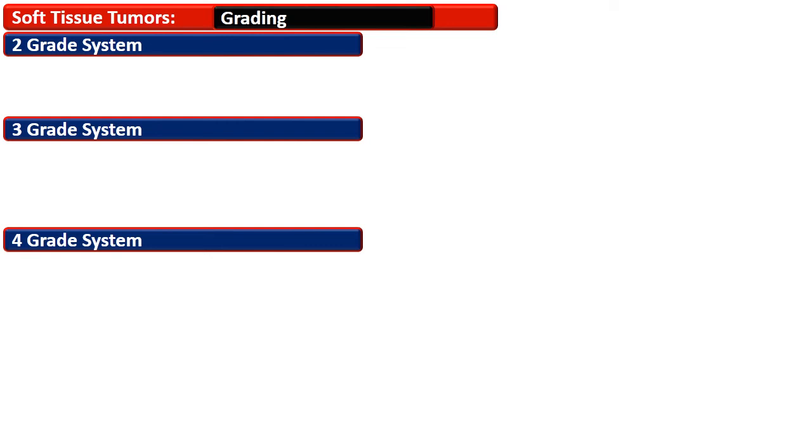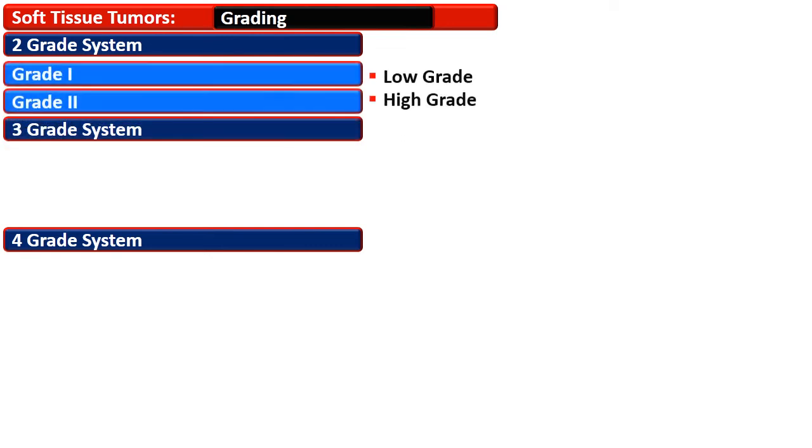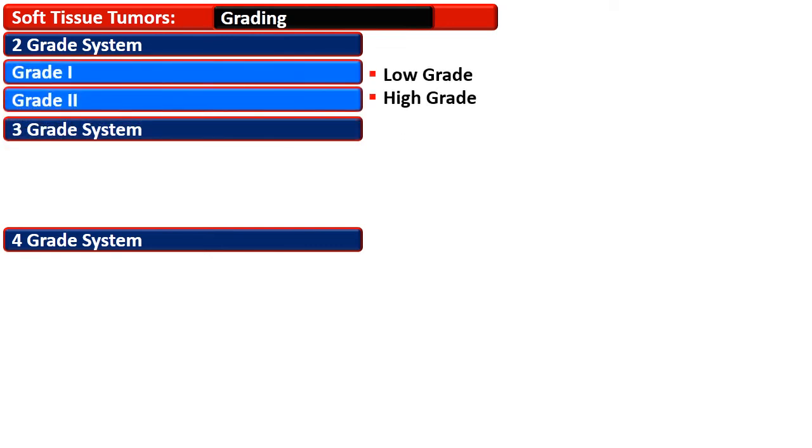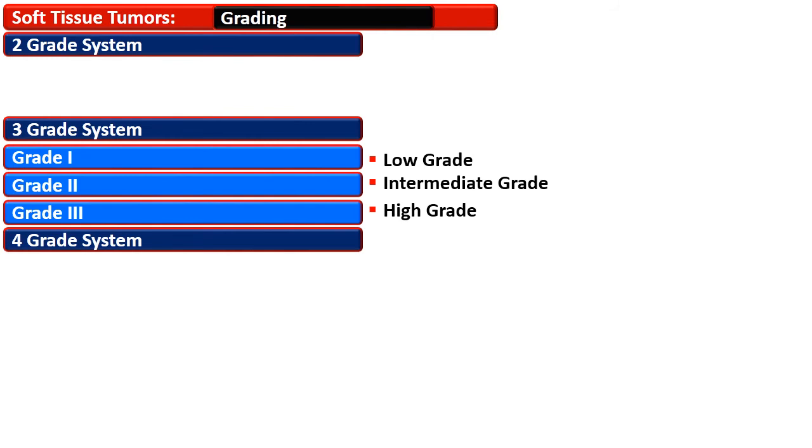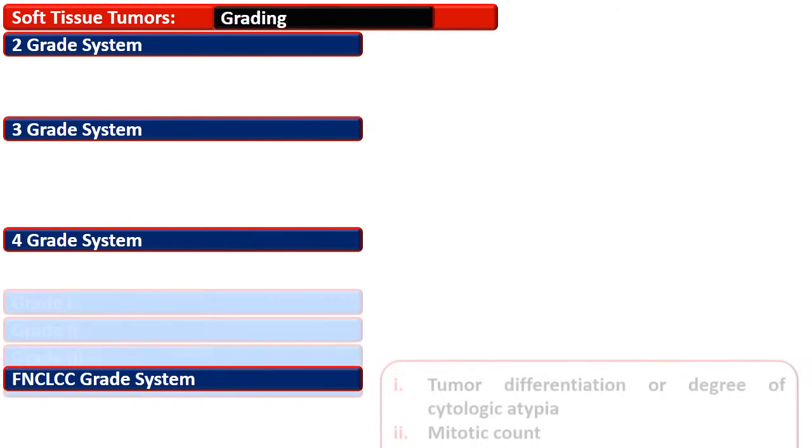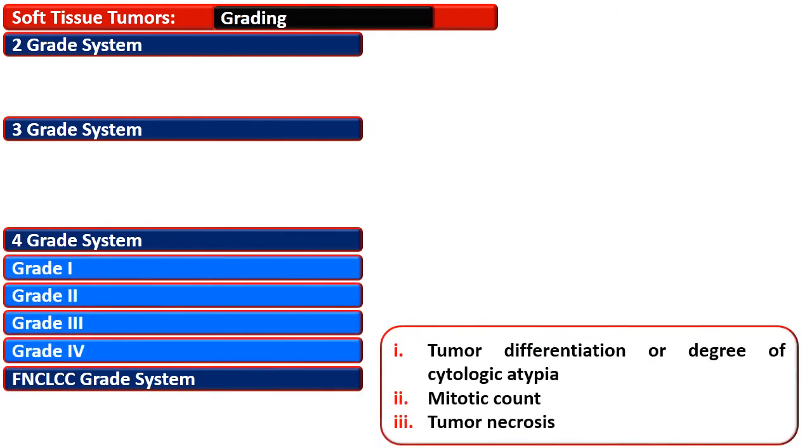One is the two grade system, and this divides the tumor into grade 1 and grade 2, which are low grade and high grade, while the three grade system divides the tumors into grade 1 to 3 and labels these as low grade, intermediate grade and high grade, while the 4 grade system grades the tumor in grade 1 through 4.